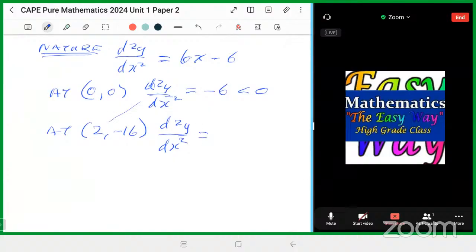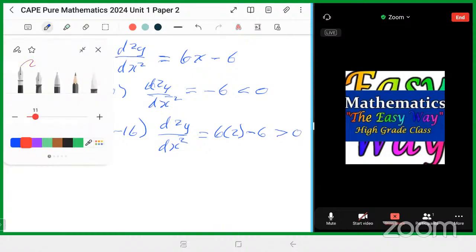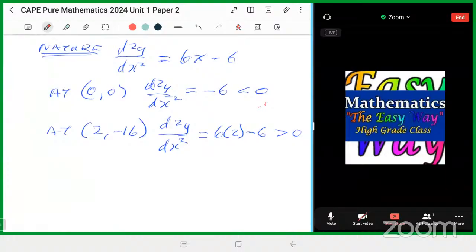I'm going to plug the 2 in there. So I'm going to get 6 times 2 minus 6. That is 6, which is greater than 0. That means we have a min.